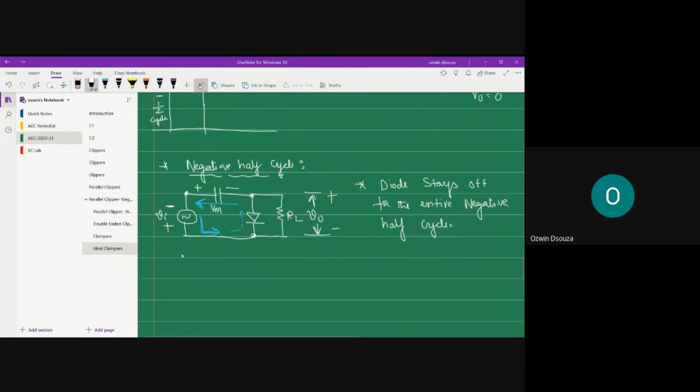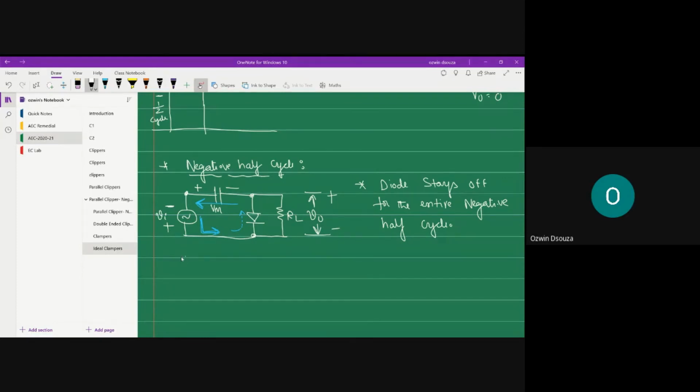Now it is very clear that whenever we were trying to find out the output voltage in the positive half, the diode was non-conducting, and in the negative half also the diode was non-conducting.